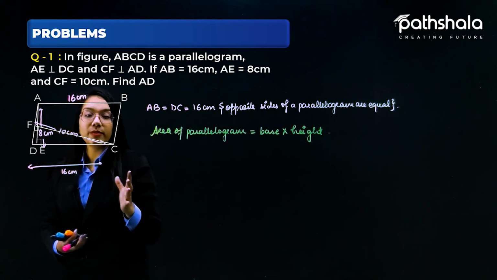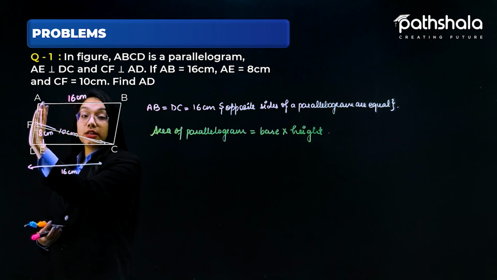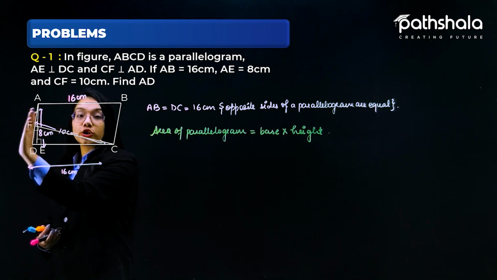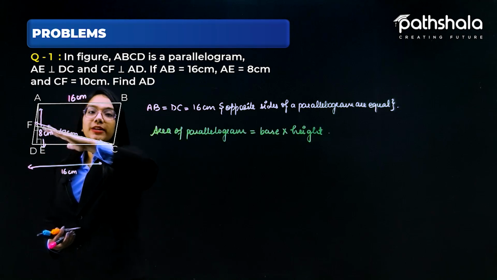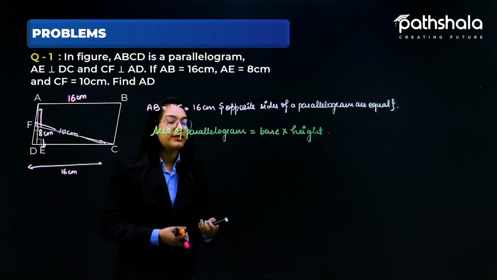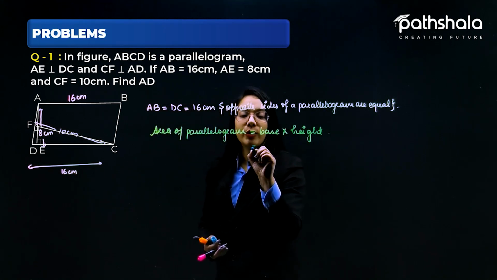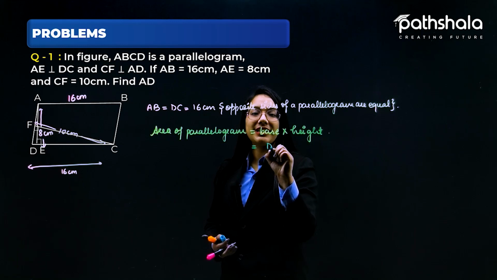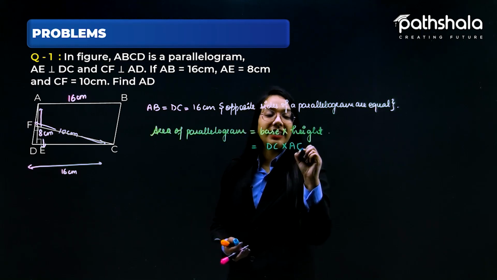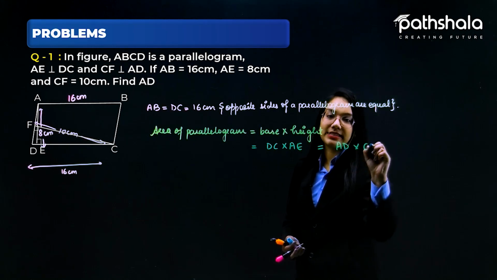Now furthermore, if I'm talking about the base of this parallelogram as AD, then the corresponding height to AD is FC. Now using that concept, I can say that the area of the parallelogram is base into height, which is base as DC into height as AE, which is the same as base as AD and height as CF.